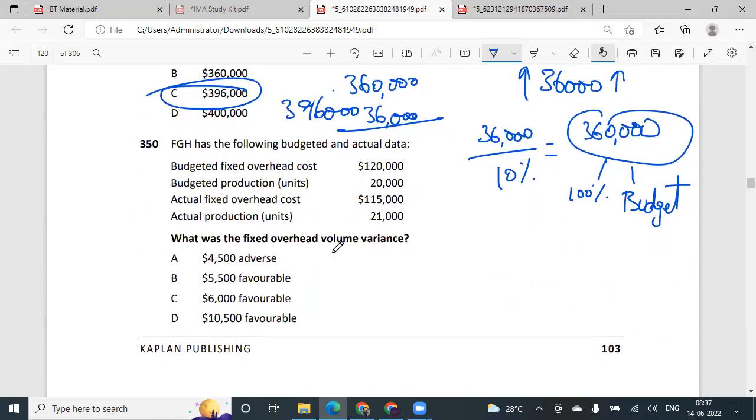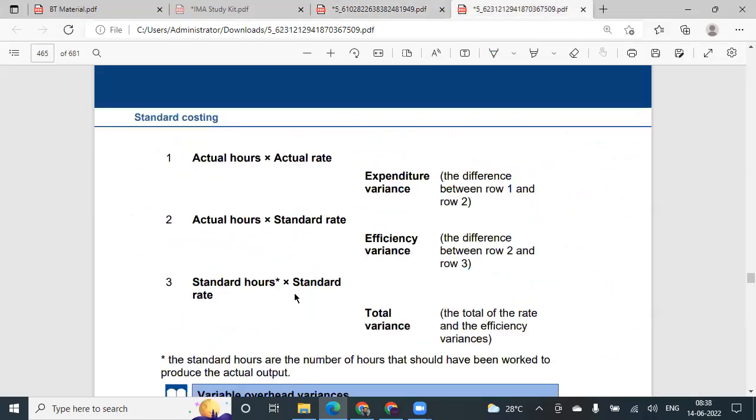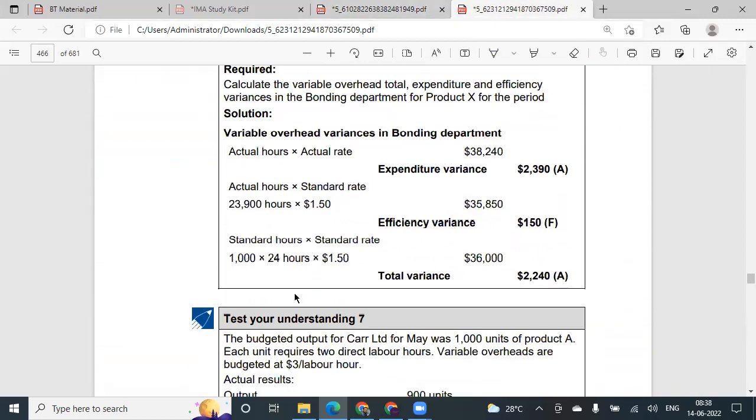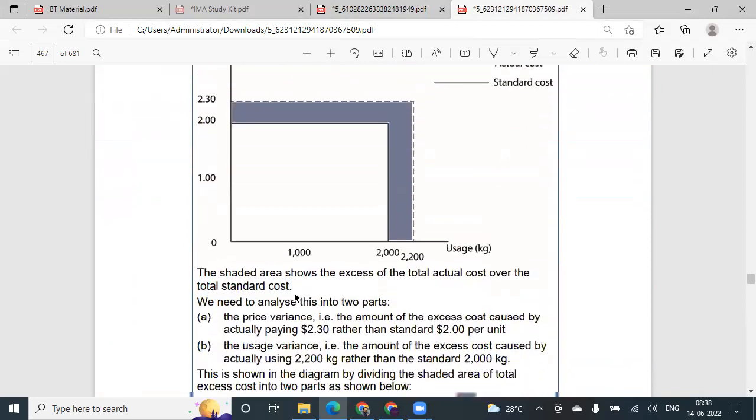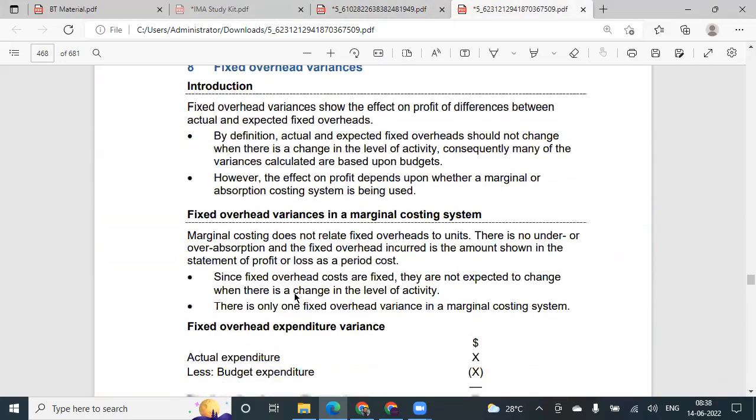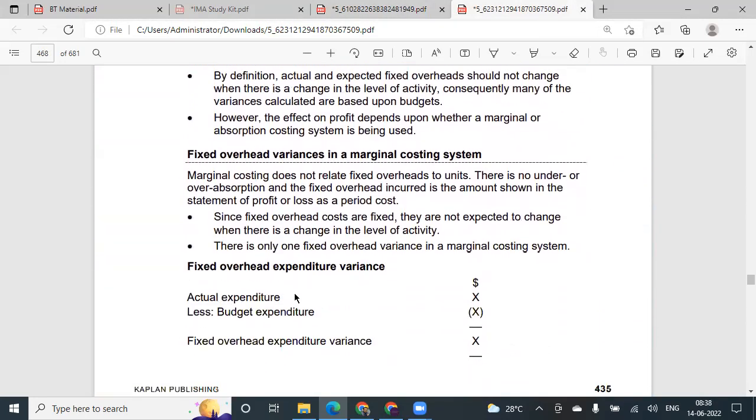What was the fixed overhead volume variance? What are we calculating? The volume variance of the fixed overhead. So let us just look into the material here. Fixed overhead expenditure variance is here.